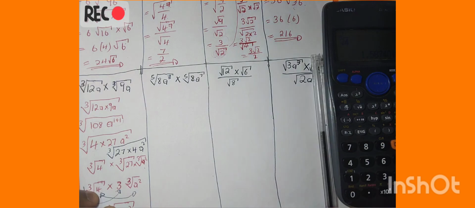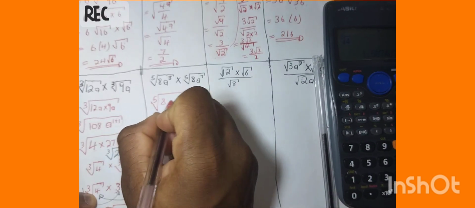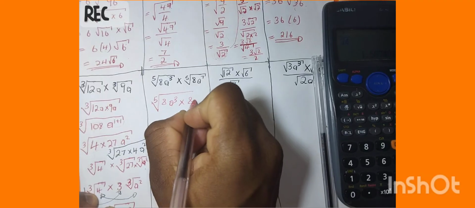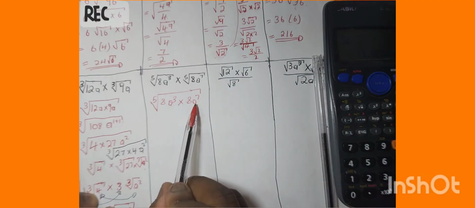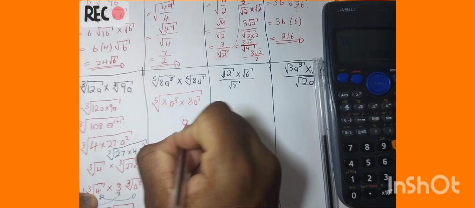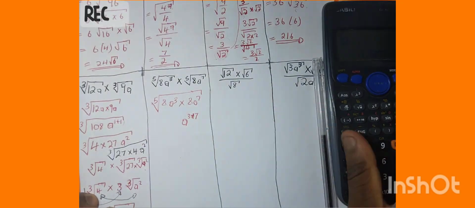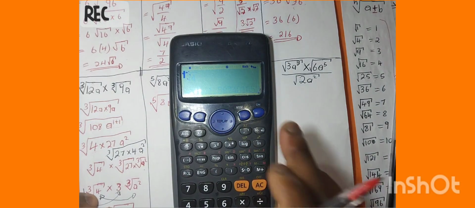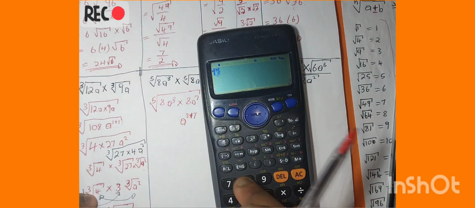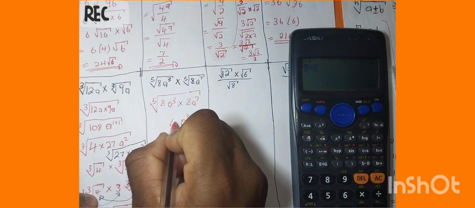So this is what you do there. You write that 5, which is 8 multiplied by 8 to the power 7. And when I multiply the same base, I add the exponents. Then when I multiply 8 times 8, this is what I get, which is 64.